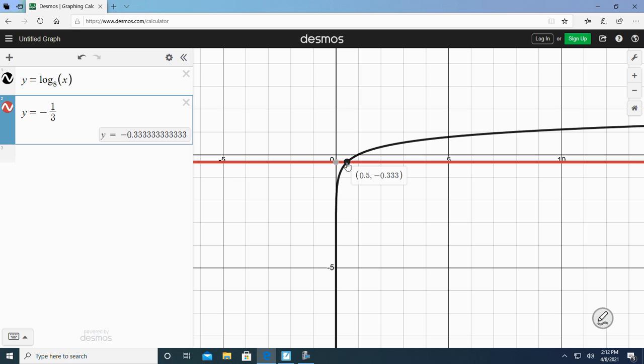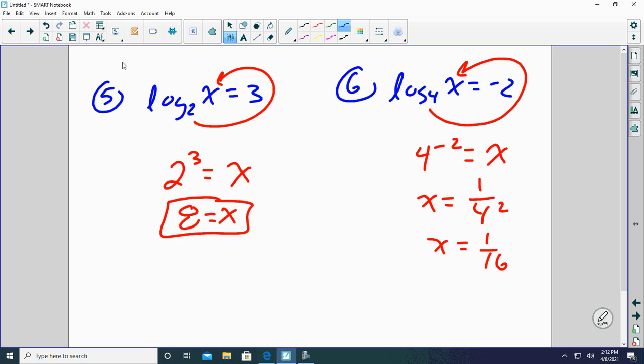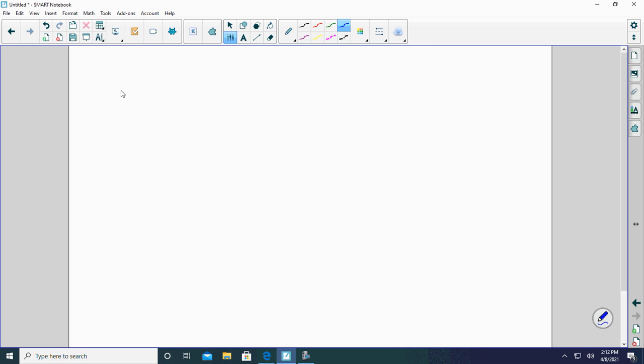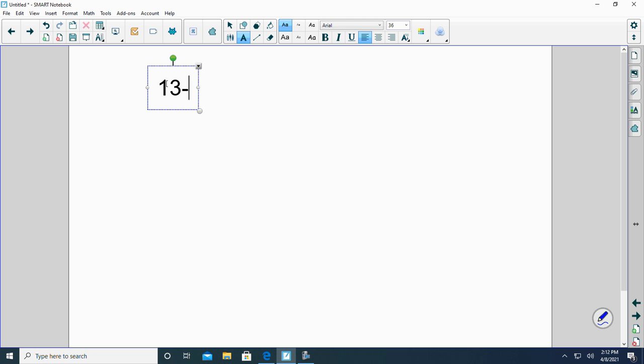So what I'd like you to do is this. On the sheet, using Desmos, you're just going to take a look at the graphs. So I'd like you to do 13 through 18. And on Desmos, notice they have ln, that's natural log. Natural log is going to be in the functions as well.